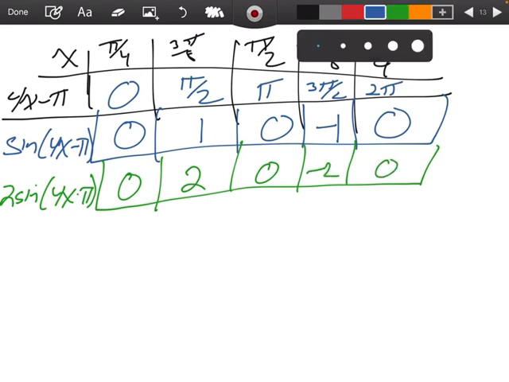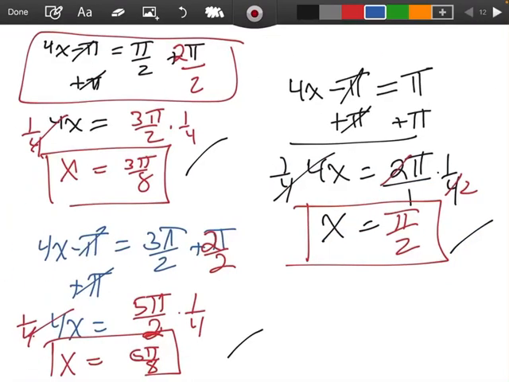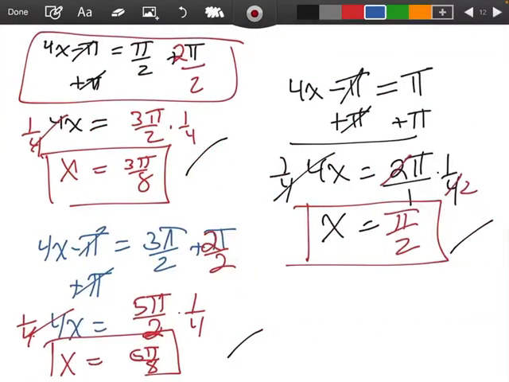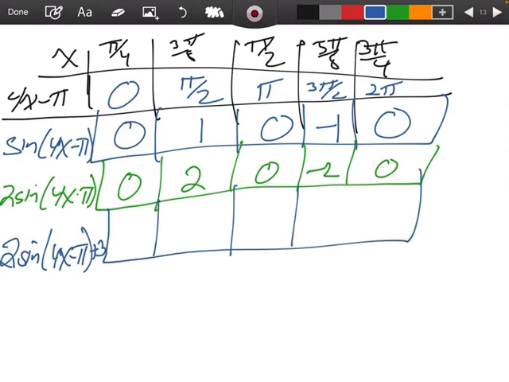And then the last part I think we had was 2 sine of 4x minus pi, and then wasn't there a plus 3 at the end of that? Yep, here's our plus 3. So let me put my plus 3. All I'm doing now is with these values, I'm just going to add 3 to them. So 0 and 3 is 3, 2 and 3 is 5, that's 3. -2 plus 3 should be a 1, and 0 plus 3 should be a 3.